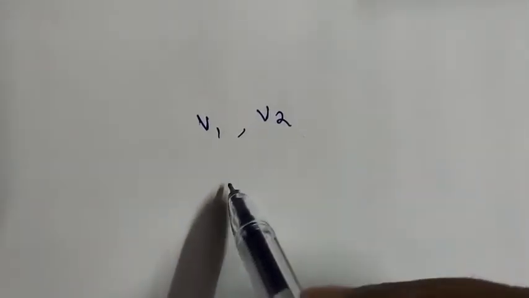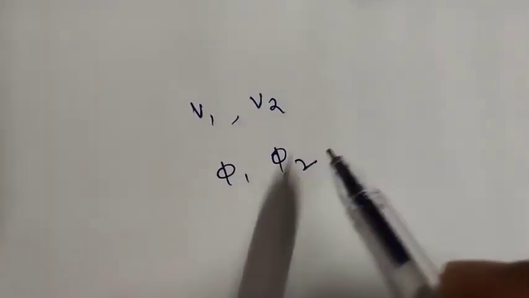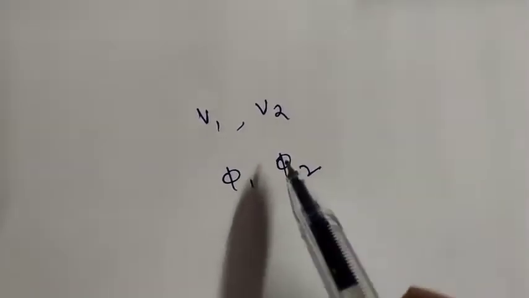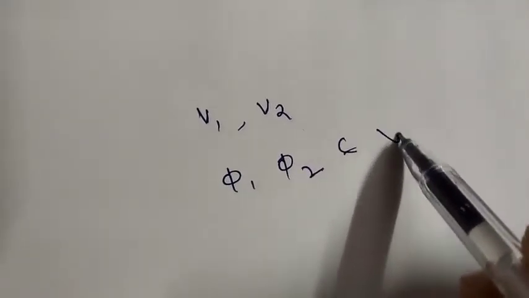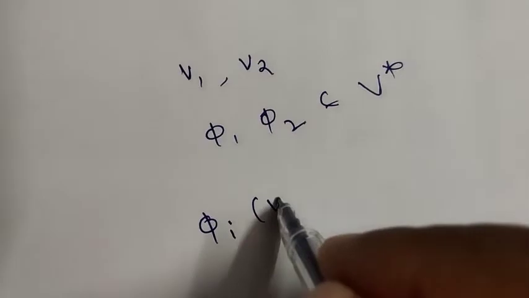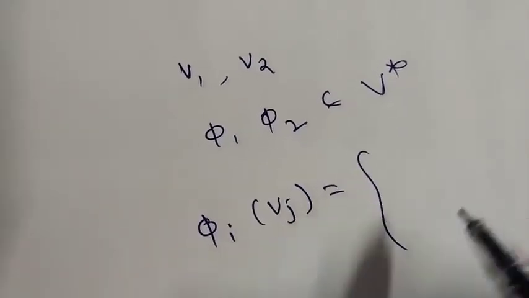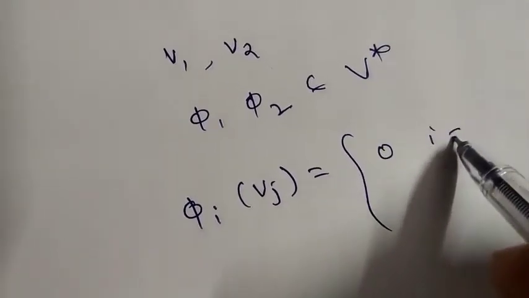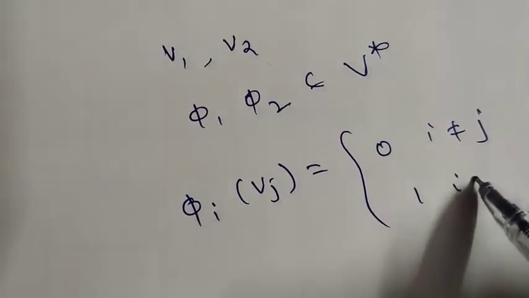If v1, v2 are two vectors, phi 1, phi 2 are called the dual basis to v1, v2 if they are elements of V star such that phi i of vj is 0 if i is not equal to j and 1 if i is equal to j.